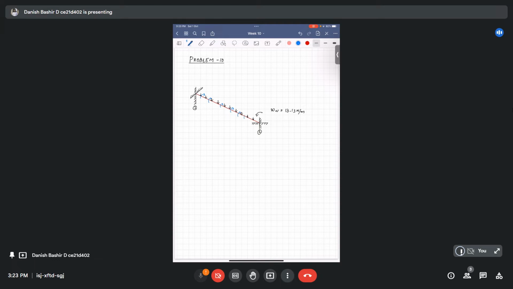Actually, where this torsion is coming from: this is a beam like this one. This beam is supporting a cantilever projection like this one.